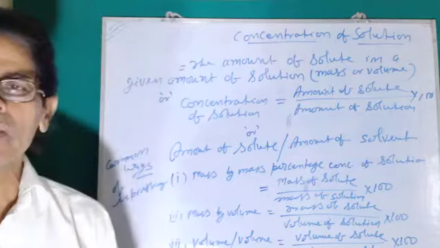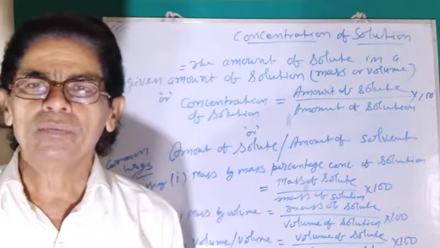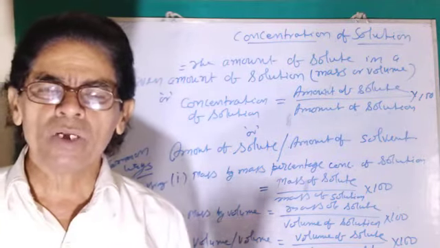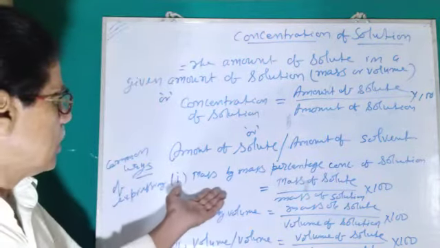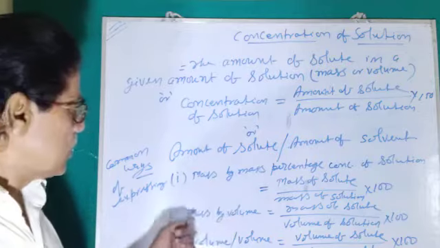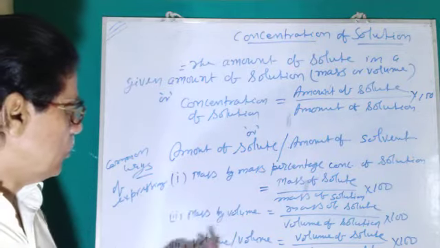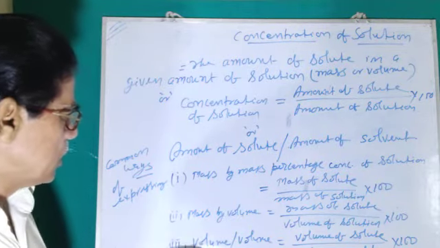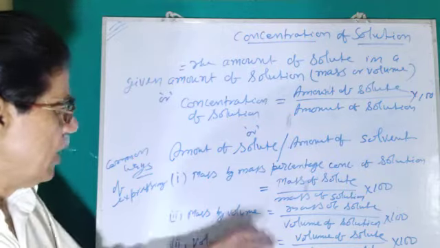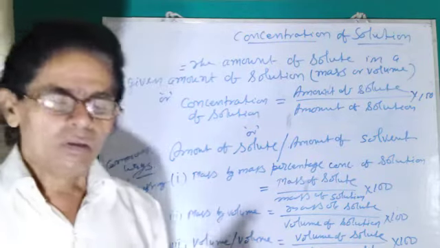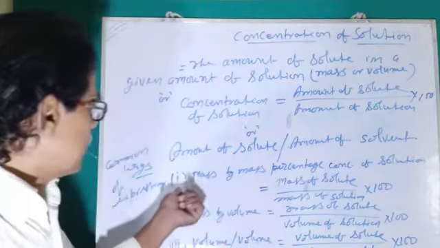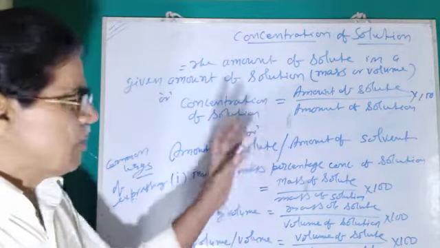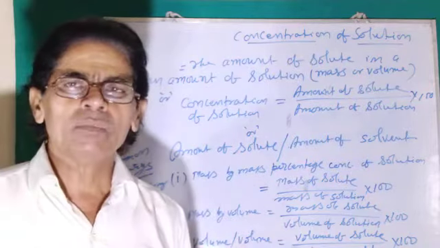Now percentage concentration may be expressed in three different forms: percentage concentration mass by mass, mass by volume, and volume by volume. First of all, consider percentage concentration mass by mass. What does it mean?